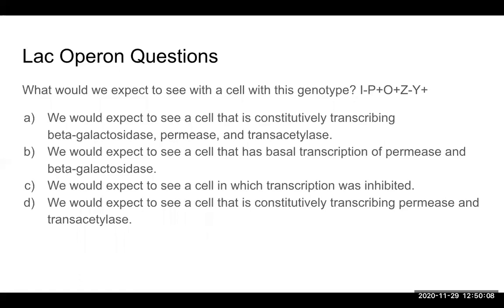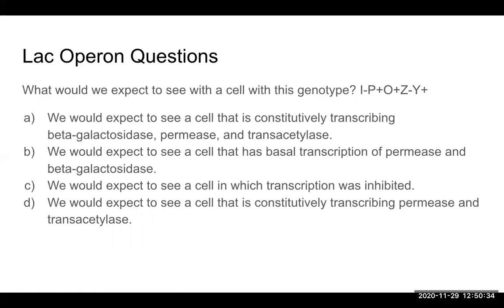Okay. So this can be kind of confusing, so we're going to break it down a little. Lac-I is responsible for being a repressor protein, right? So if you mutate your repressor protein, it's not going to bind to your operator correctly. Then you're going to have constitutive expression, constitutively transcribing.